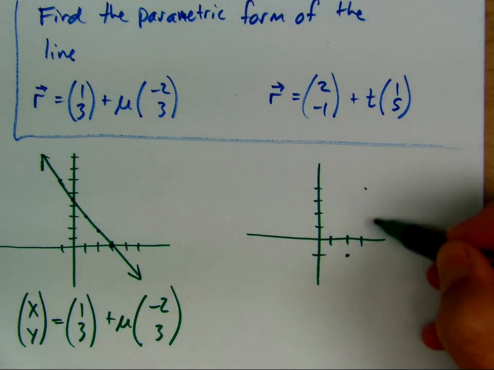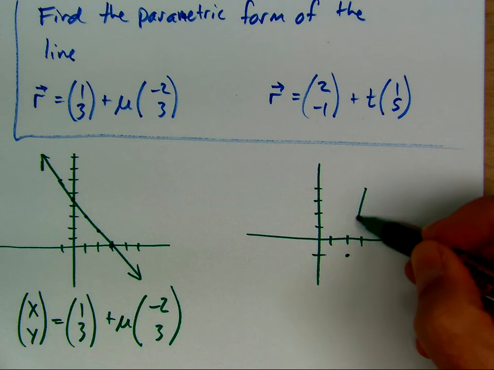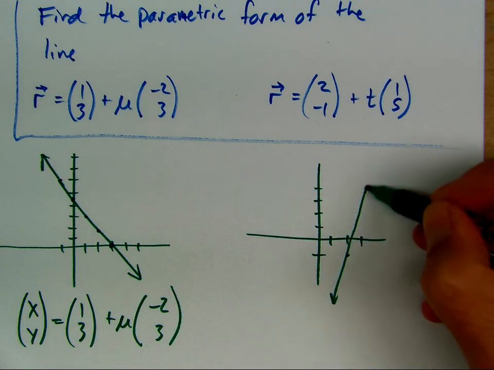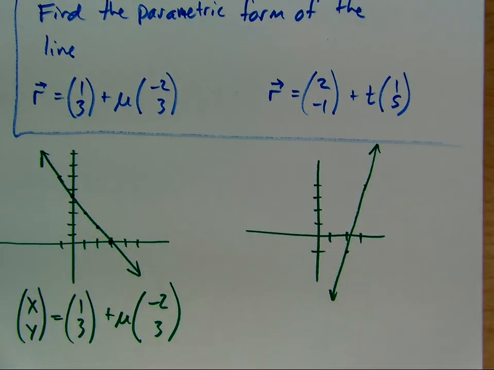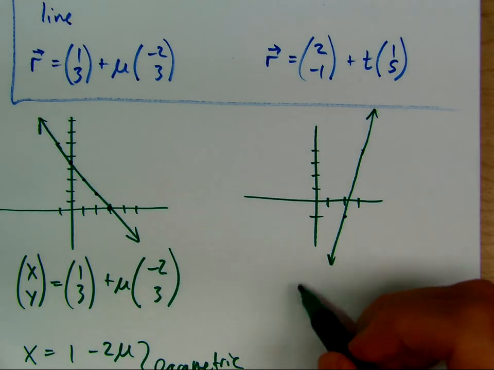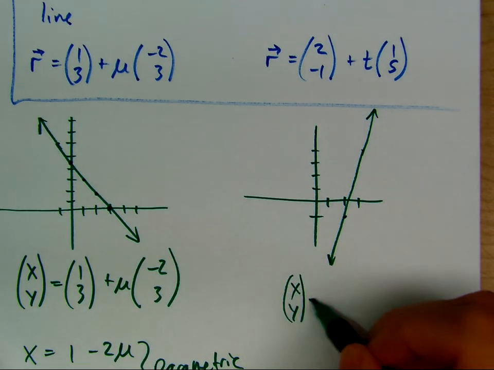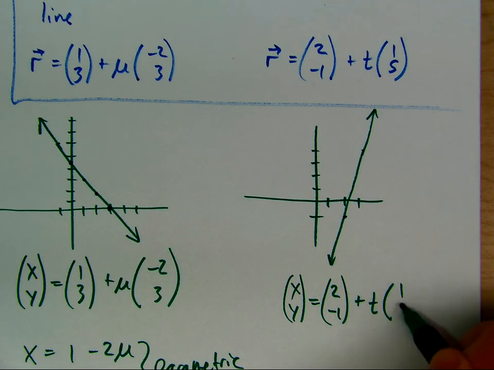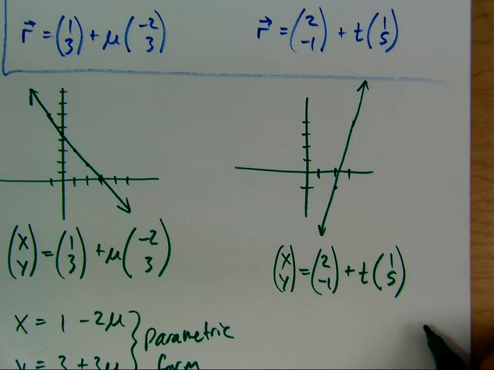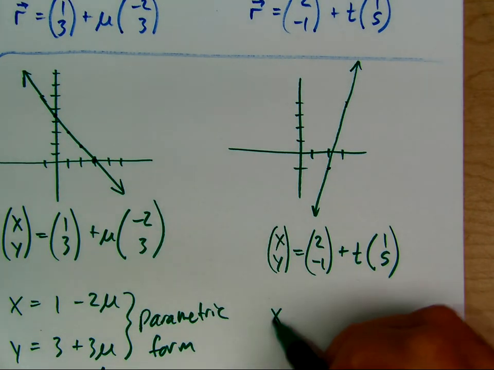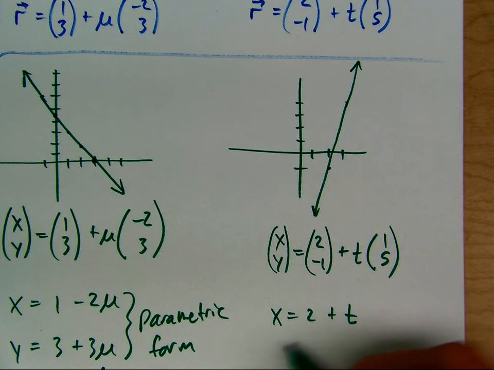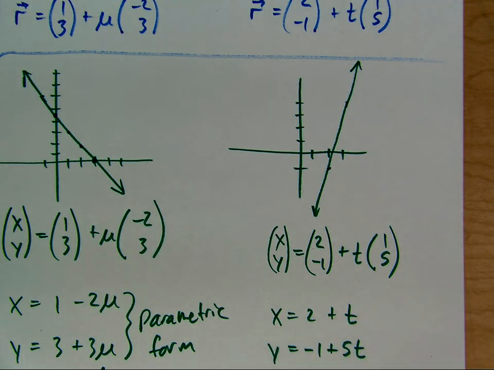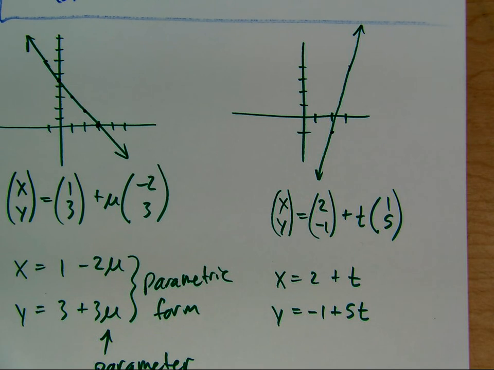There's a point on the line, and we know the line is going to go through those points. And then we just write the horizontal components in an equation, vertical components, and that's the parametric form.